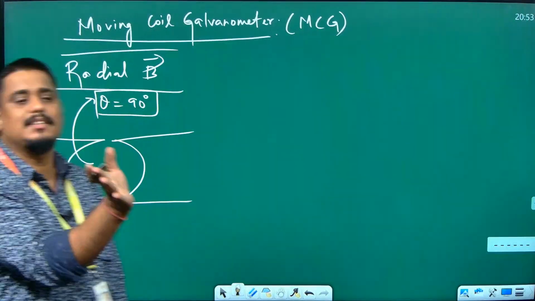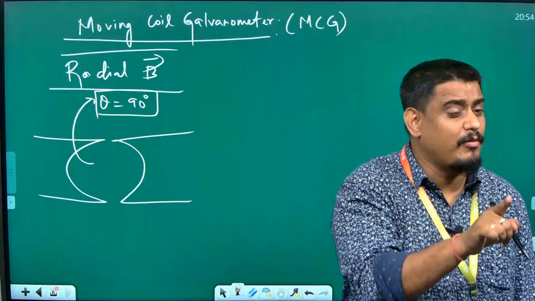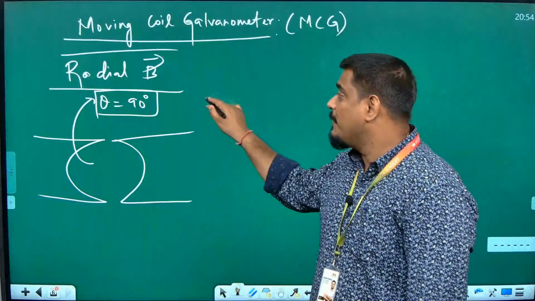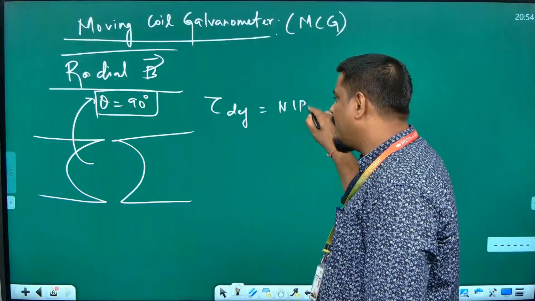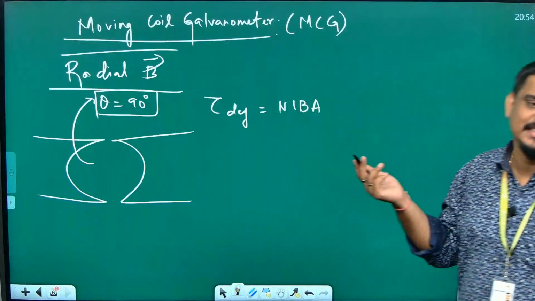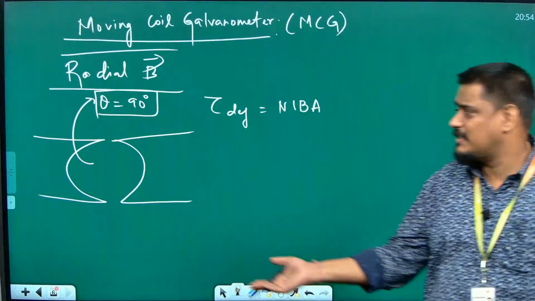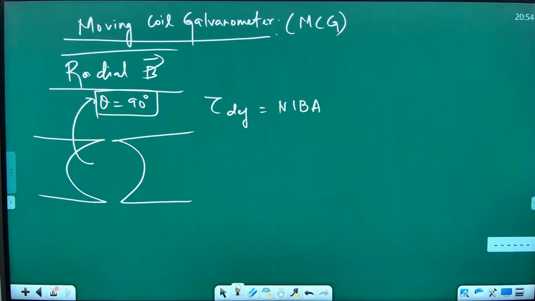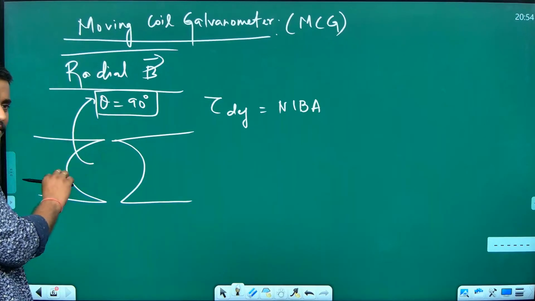Wherever it rotates, however it rotates, the angle between the magnetic field and area vector will always be 90 degree. That makes my deflecting torque have only one formula, NIBA, because theta is 90. The dependence on theta got over. Now no tension, because by using a radial magnetic field I made sure that my theta always remains 90 degree.